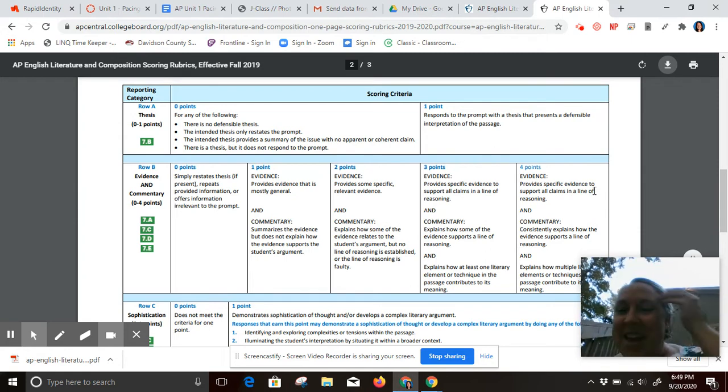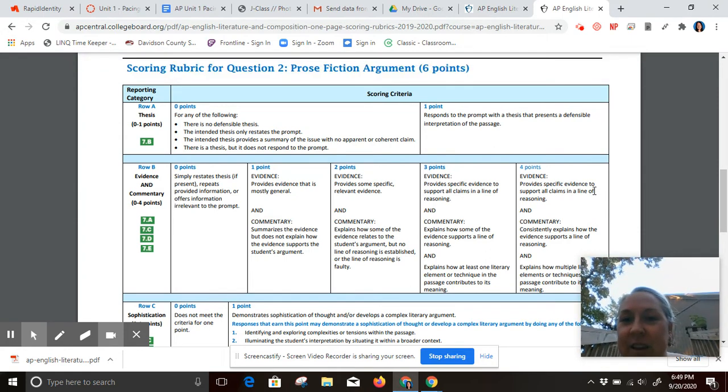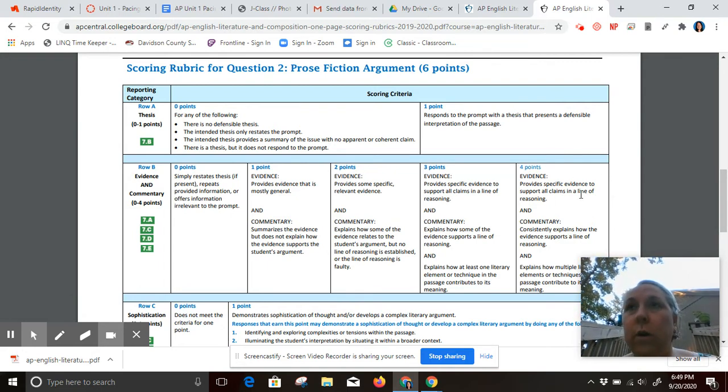All right, so 4 points is evidence provides specific evidence to support all claims in a line of reasoning. So again, you need to have some strong quotes that you pull from the passage, some strong examples. Remember, quotes in an AP essay are very short. Like, you can even use 2 or 3 words to get your point across.